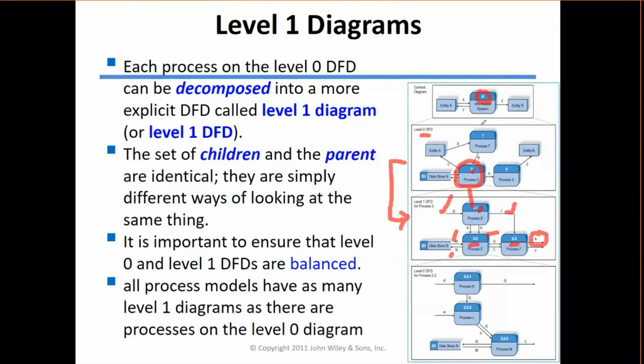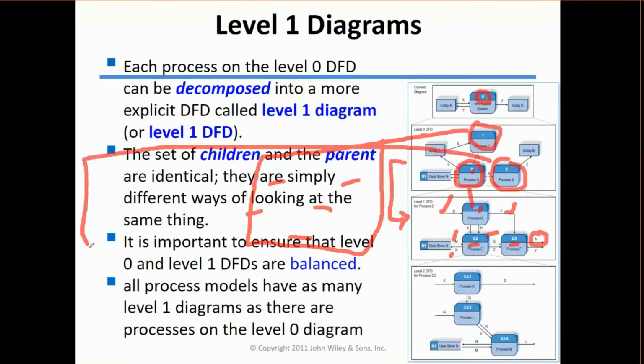In the same way, process 1 will be decomposed into another level 1 diagram. So you see, level 1 diagrams will be several. The process 3 will also be decomposed in another level 1 diagram. So if you have 3 processes in level 0, then you will have 3 level 1 diagrams. Is it okay?